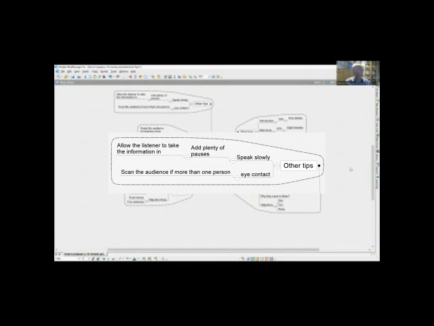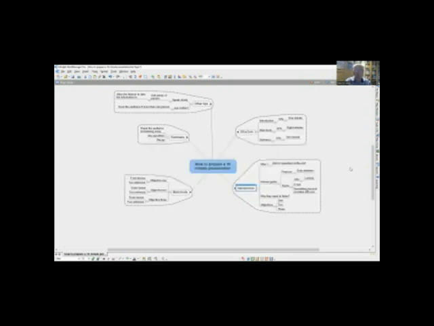So if you do sweep your eyes across the audience, pausing on each one in turn, you will be making excellent eye contact. Well, that's everything that I wanted to bring to the session today about preparing a 10-minute presentation.